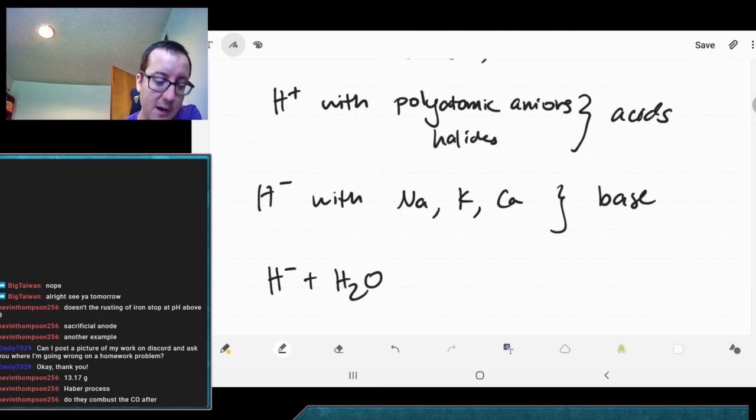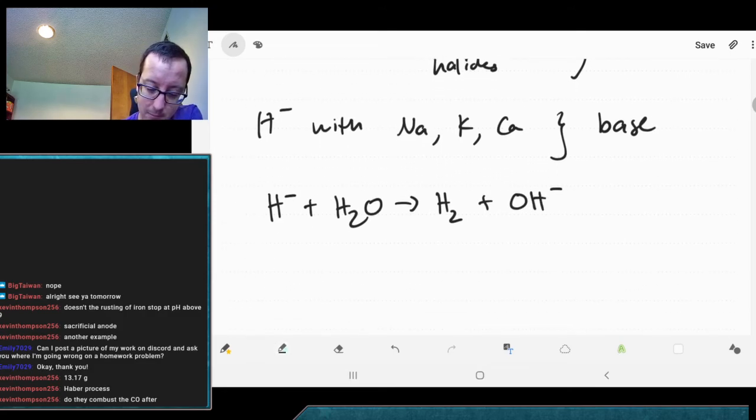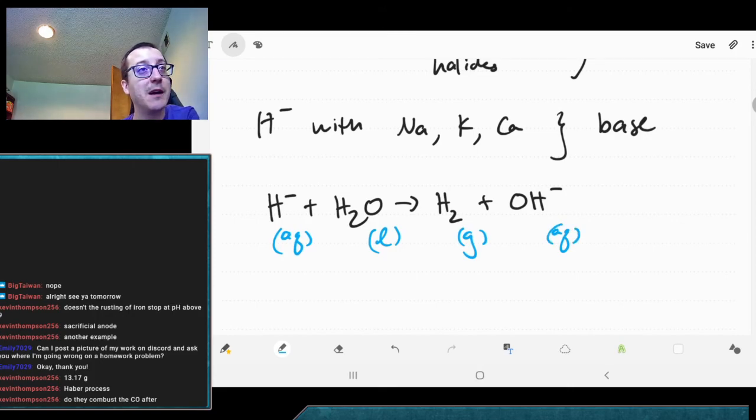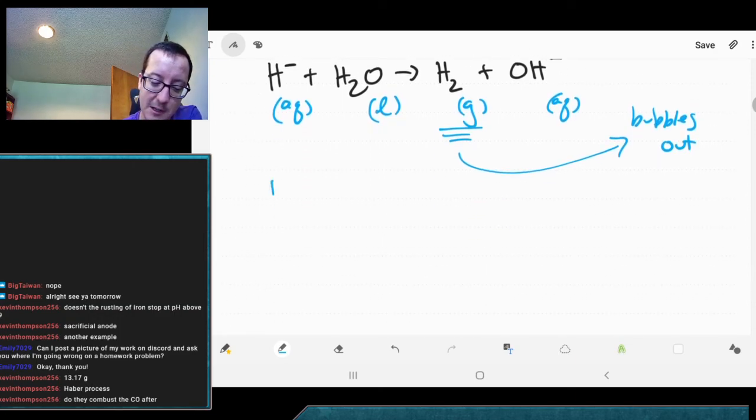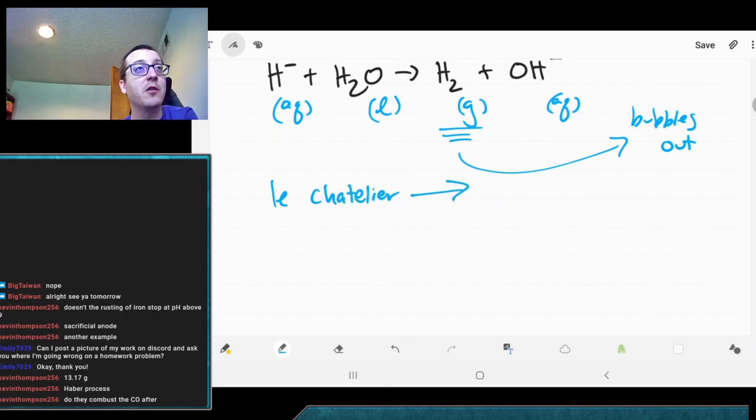if we were to put a hydride in water, we would end up getting our hydroxide ion out, but we also get hydrogen gas, which immediately bubbles out and leaves the reaction, and therefore Le Chatelier's principle forces the reaction to go to the right.